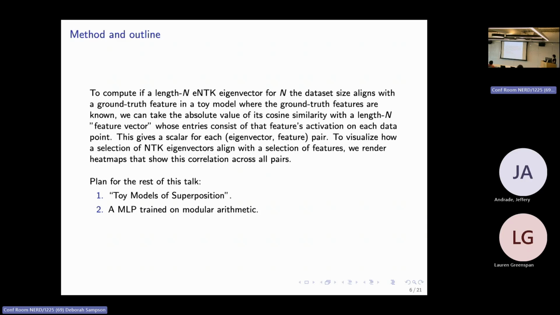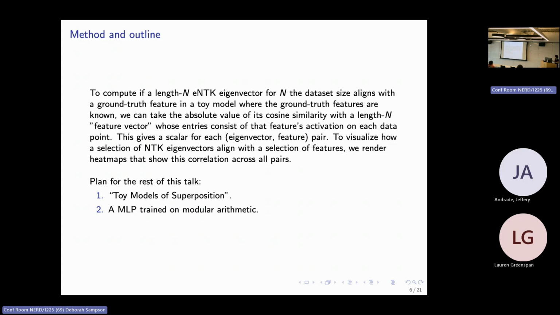To argue that an eigenvector of this object aligns with a ground truth feature in a toy model where the ground truth features are known, we can take its cosine similarity with a length n feature vector whose entries consist of that particular feature's activation, like that neuron or what have you, on each data point. So this will give us a scalar for each eigenvector and feature pair.